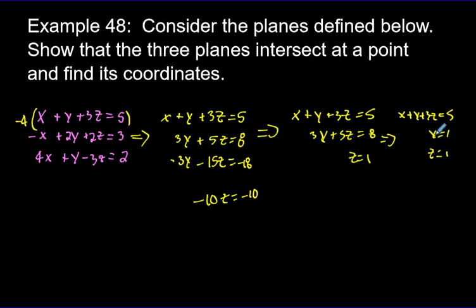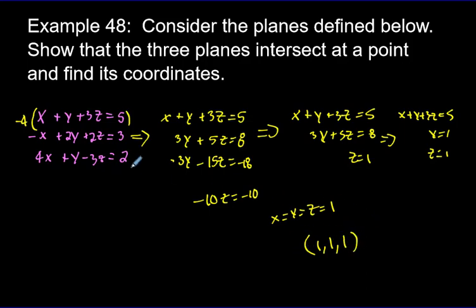Putting it up here, 1 plus 1 is 2, 5 minus 2 is 3, and x equals 3. So now I know that z equals 1 as well, and this ends up being true. So x equals 3, y equals 1, z equals 1, and my intersection point is the point 3, 1, 1.